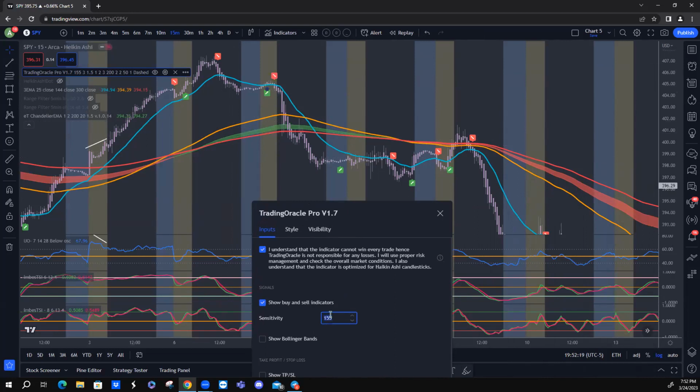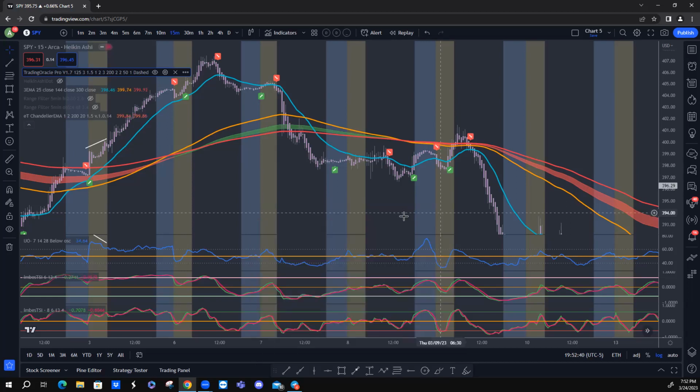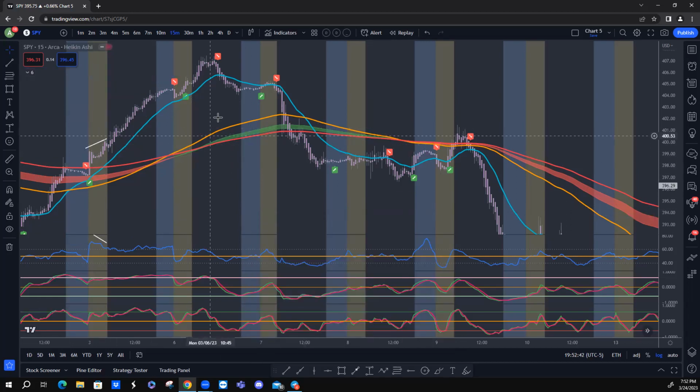Let's try 145. Things just shift around a little bit. 125. Get a few more signals. Maybe 125 is a good starting point if you're doing 15 minutes.